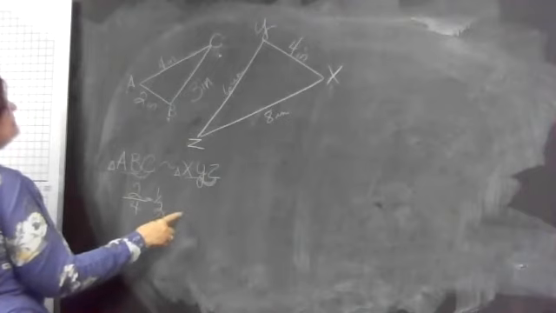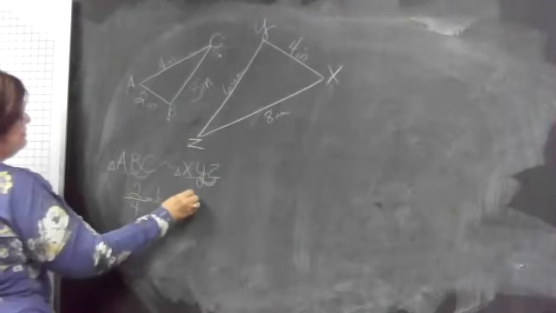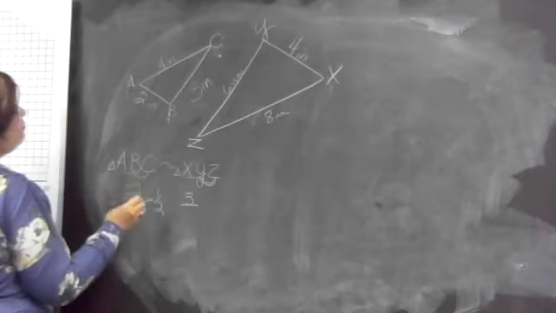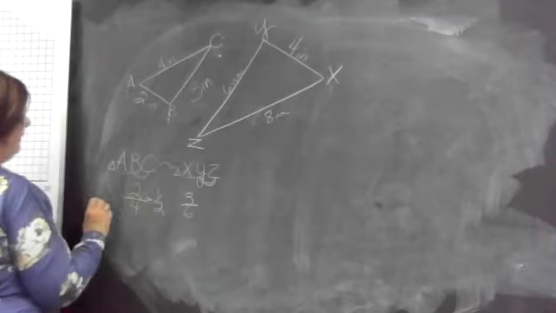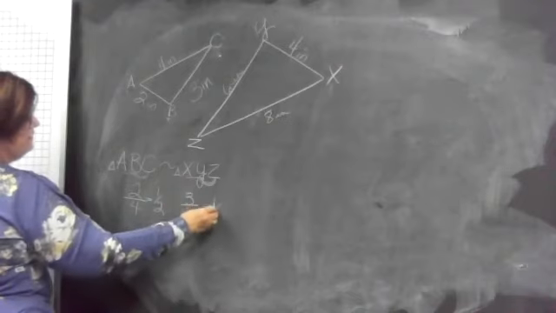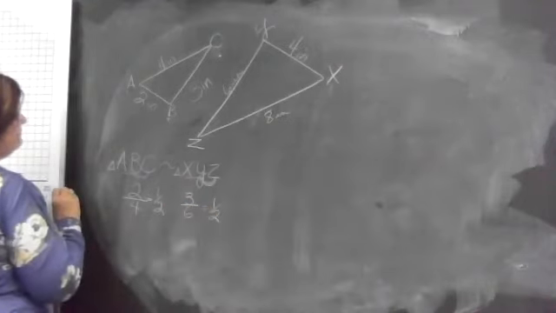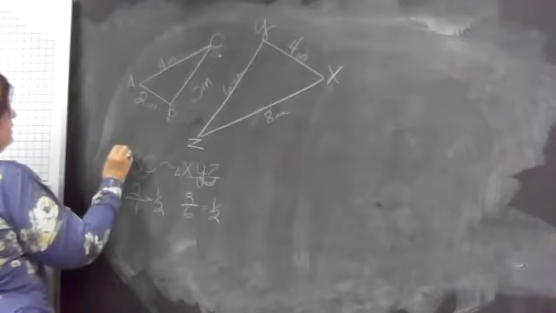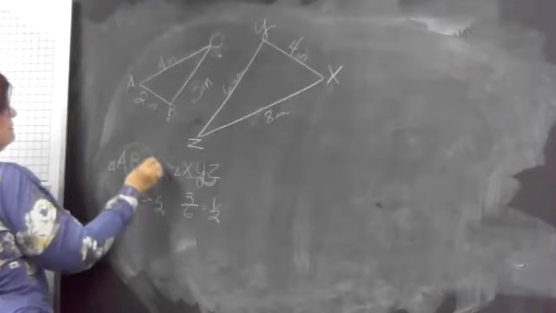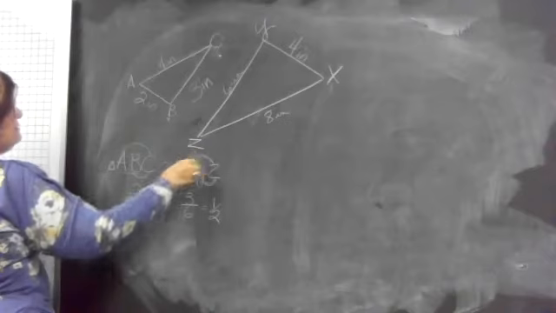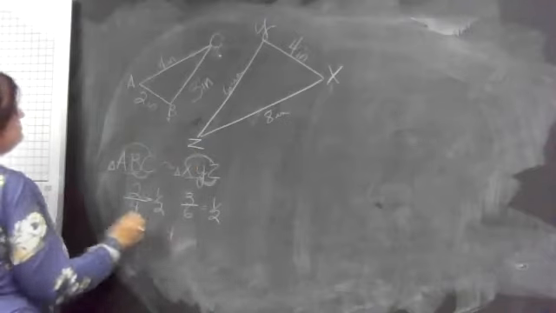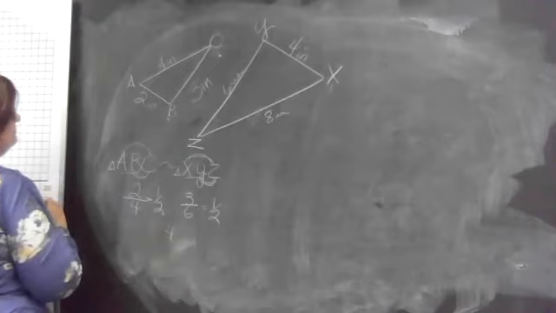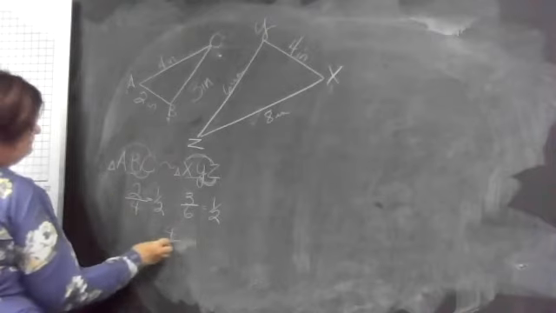So BC is 3 and YZ is 6. And that simplifies to 1/2. And then the last one, I want to do AC and XZ. AC is 4 and XZ is 8.